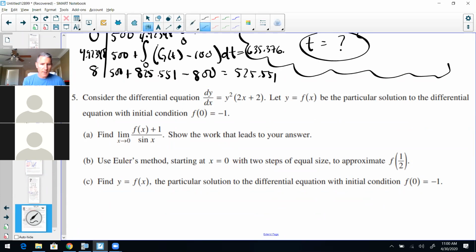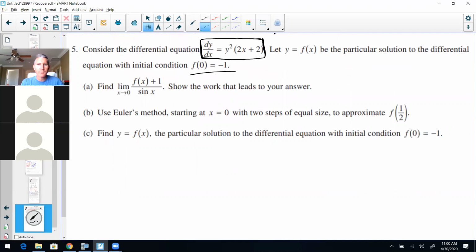We're given this differential equation right there. That's our differential equation, and f of x is a particular solution, and they give us an initial condition. B says use Euler's method, starting at x equals 0 with 2 steps of equal size to approximate f of 1/2.